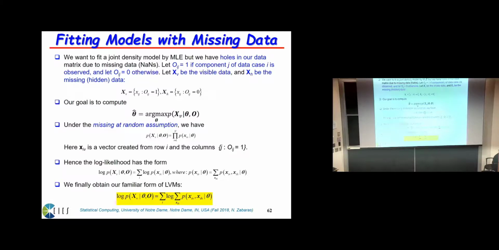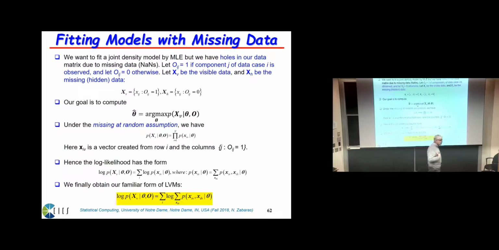Imagine that we have a matrix that maybe is a realization coming from a multivariate Gaussian, but it has a lot of elements missing. What we want to do is compute the missing elements of that matrix.